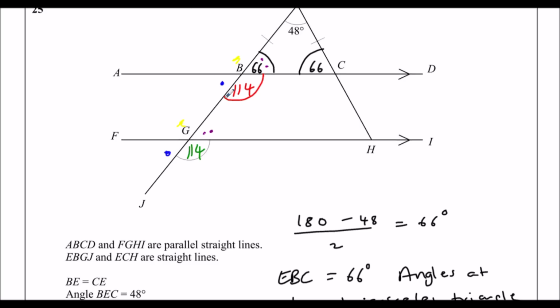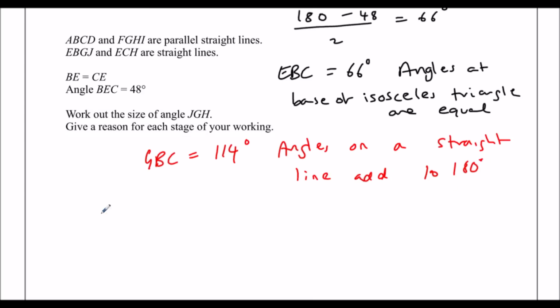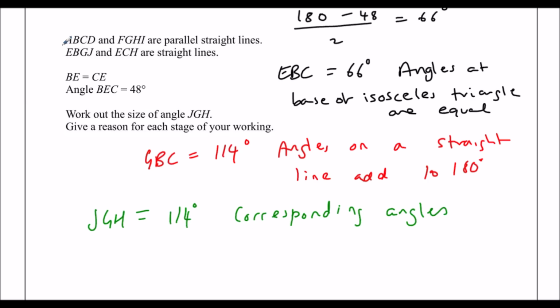So we've got corresponding angles, which means that these two are equal. So JGH is also 114 degrees because they are corresponding angles. So our answer is 114 degrees.